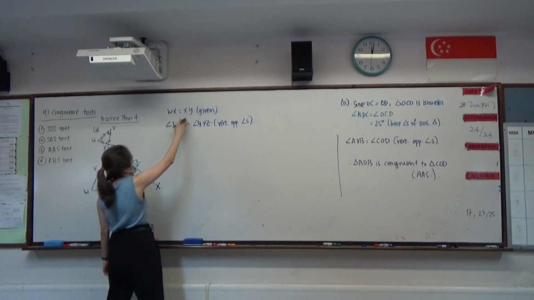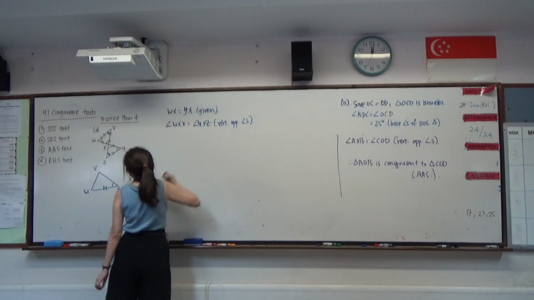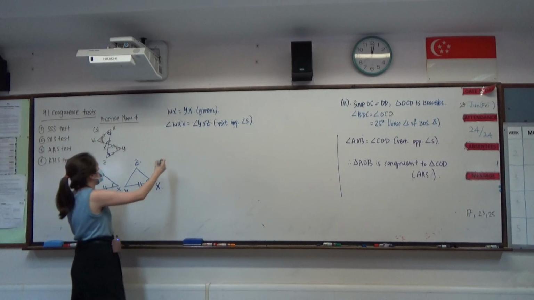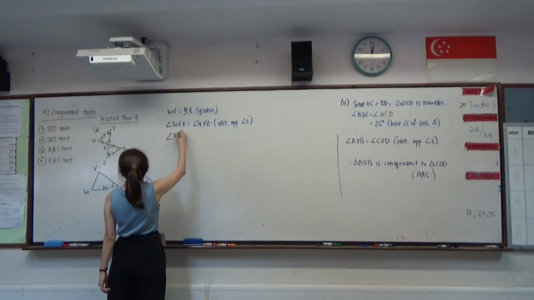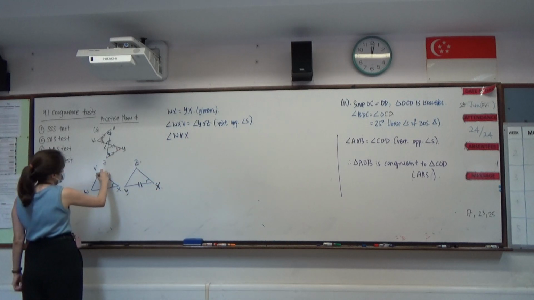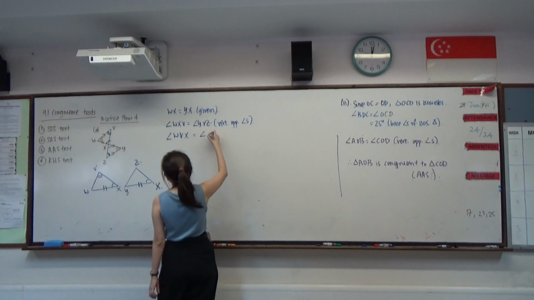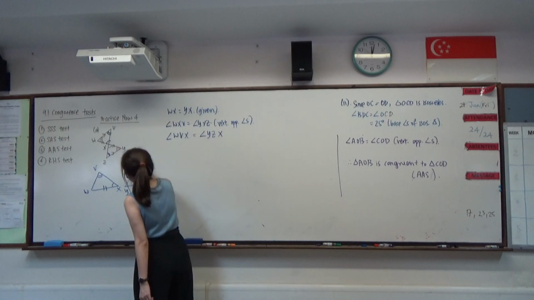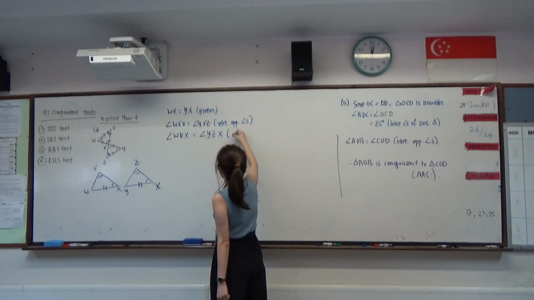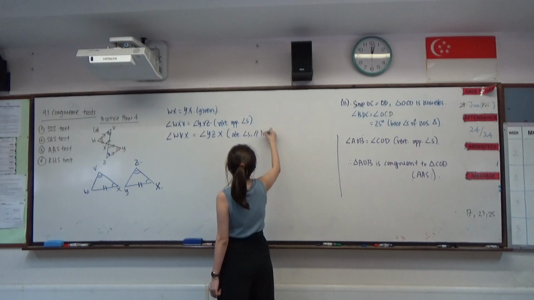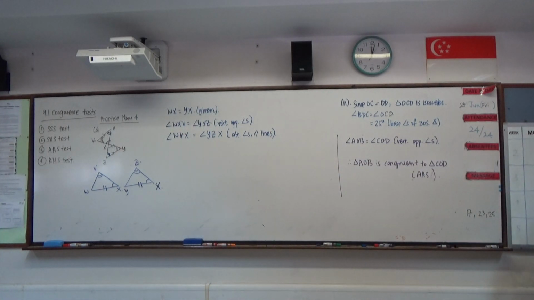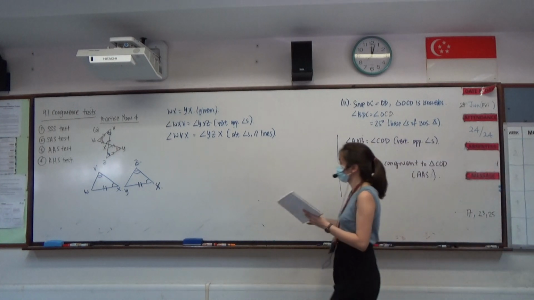Okay. Then after that, we use alternate angles, parallel lines. So we have WVX equals to YZX equals to this. So we have alternate angles, parallel lines. And we prove that they are congruent by our AAS test.